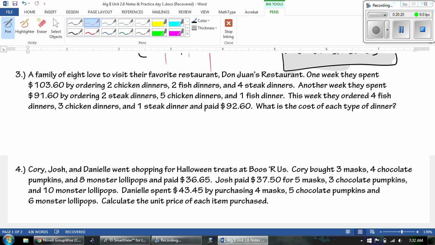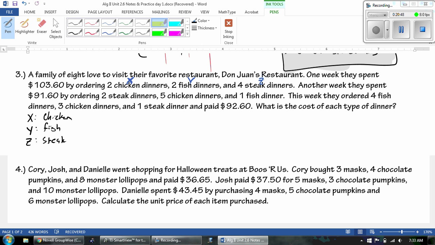Well, the things they keep talking about are the chicken, the fish, and the steak. Okay, so X would be the chicken, Y is going to be the fish, and Z is going to be the steak.